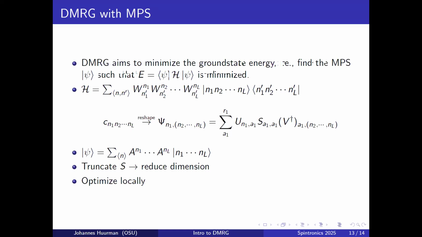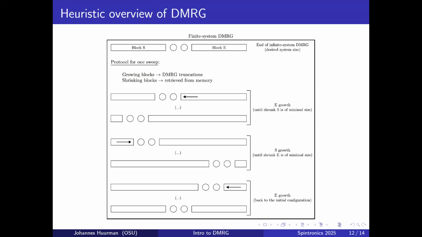And this last bullet point is that we optimize locally. If I go back to this slide, optimizing locally means that we have some interaction between this site and the block, so it's getting absorbed into the block. And so this is why the block is growing. And then eventually the left block will reach only one site, so you can't get rid of any more. And so then you restart and you start absorbing these sites.